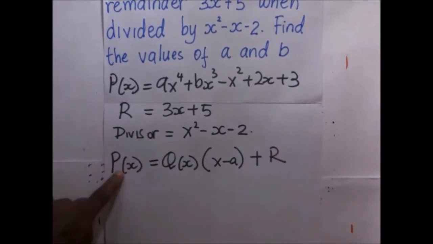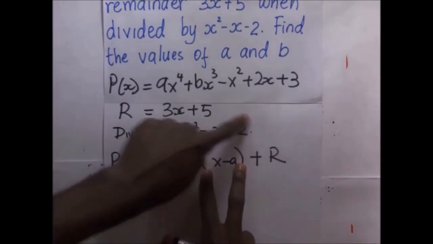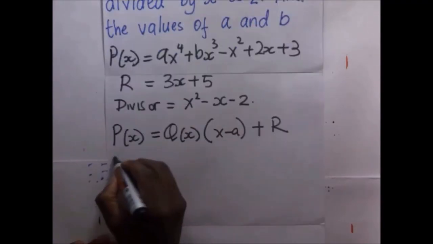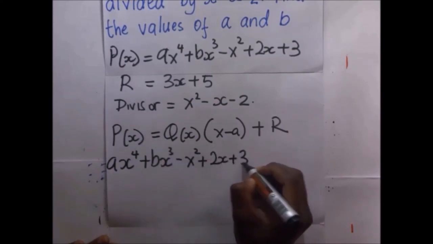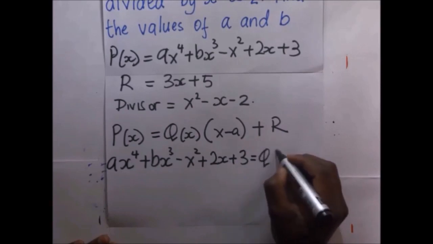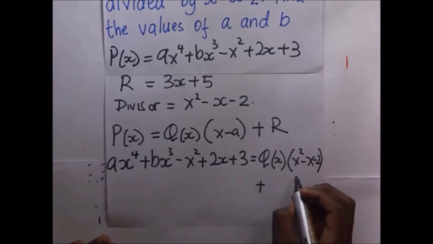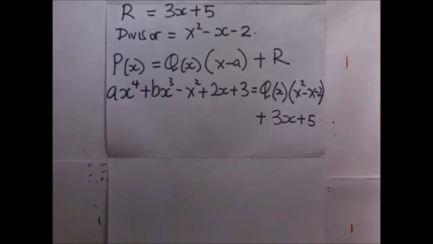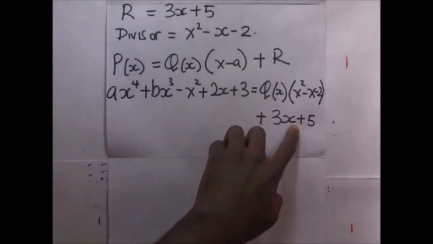In this case, our polynomial is equal to our quotient times our divisor, which is going to be that, plus our remainder, which is going to be 3x plus 5. So our polynomial is saying that ax to the power 4 plus bx cubed minus x squared plus 2x plus 3 is our quotient times our divisor plus the remainder.